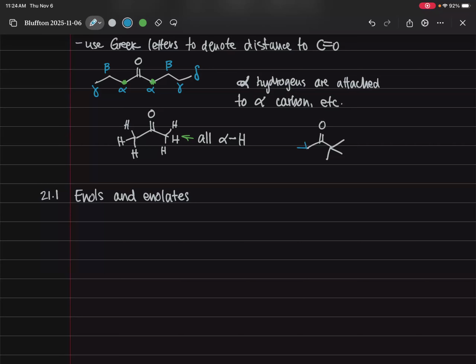So this one here, it's got hydrogens there and methyl groups here.